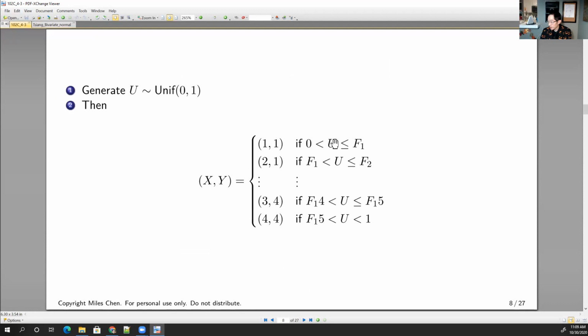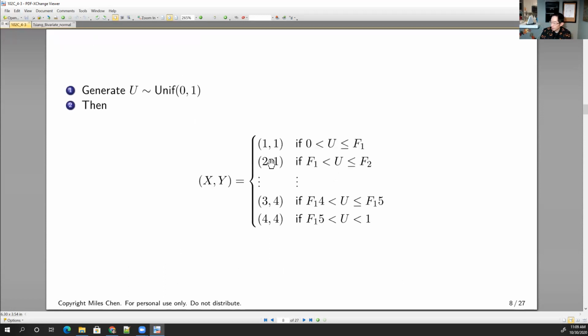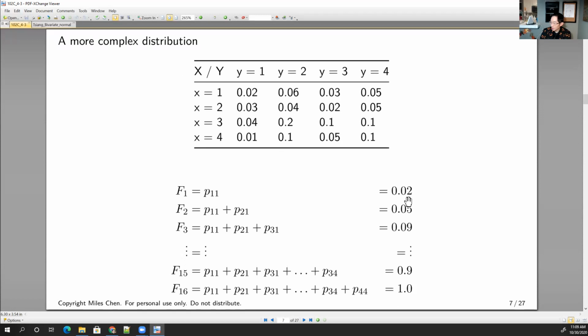If I generate a random u and it ends up being between 0.02 and 0.05, then we're going to have x is 2 and y is 1. That would be like if my random u ends up being something like 0.03. And so on and so forth.